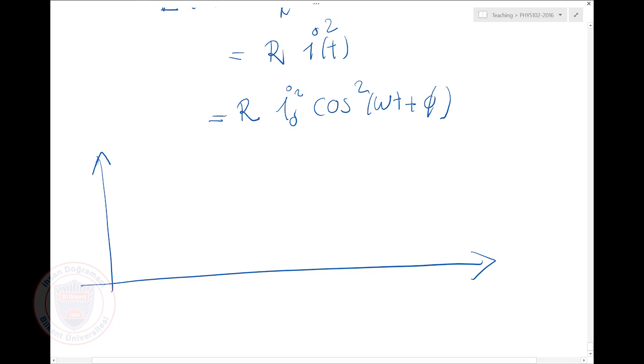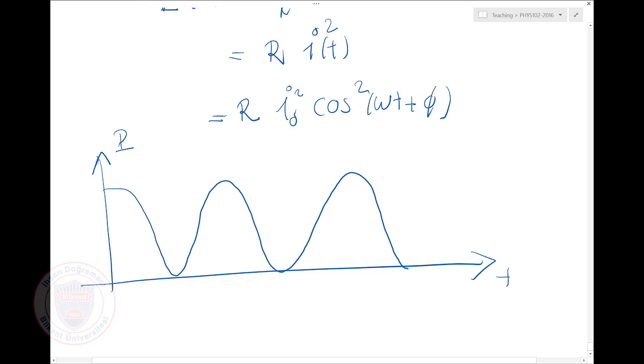So if I look at the power dissipated as a function of time on my resistor, it's not a constant value. So apparently it's going to be some function like this, right? Cosine squared. The maximum value is R times I0 squared.